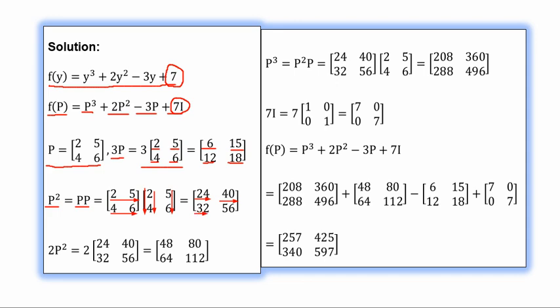That gives 32. And the same second row times second column. 4 times 5 plus 6 times 6. That is 56.